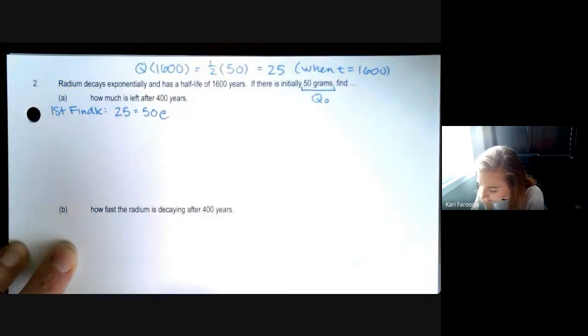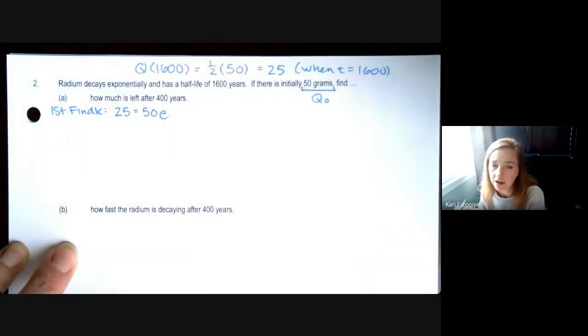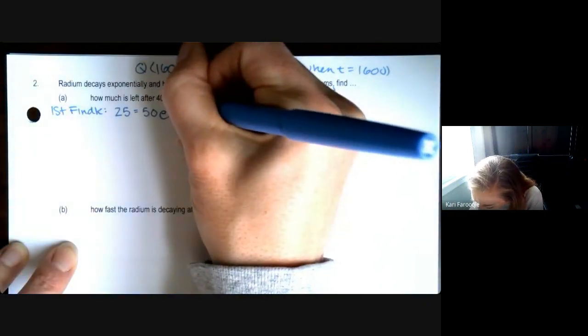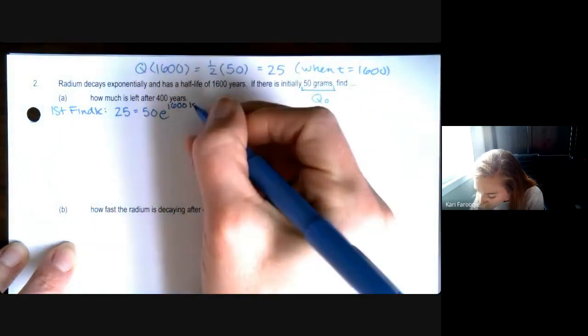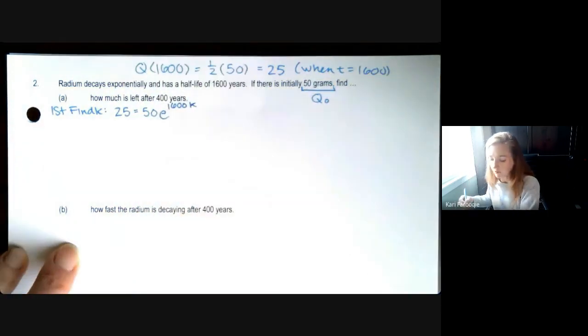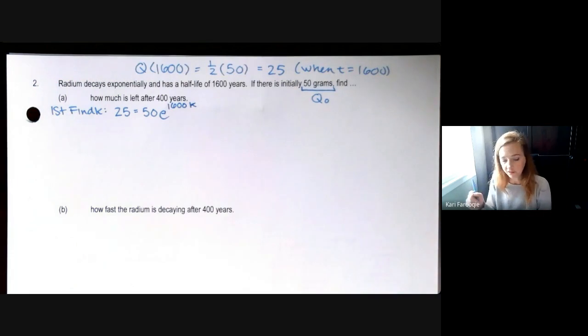And then e to the KT. In this case, I'm going to go TK because I know T and I just like to have the coefficient in front of the variable. But that is up to you. So we have 25 equals 50 times e to the 1,600 K. And then we'll solve to find K.